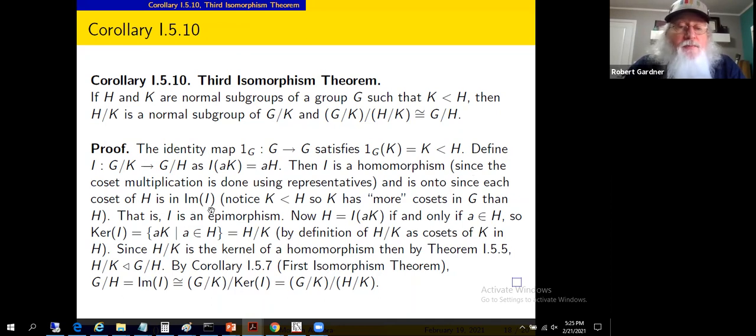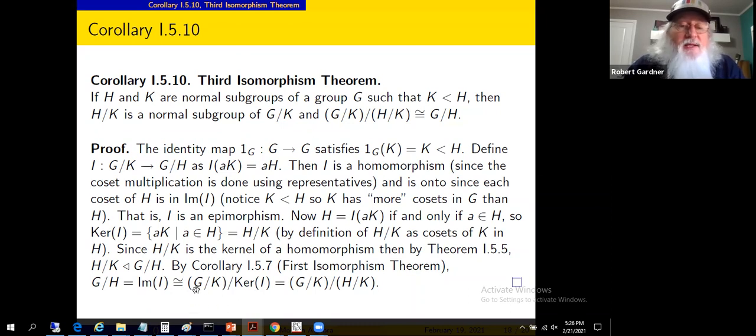Onto image of I includes all of G mod H. We've established that I is an onto mapping up here. So G mod H is the image of I. We know the image of a homomorphism is isomorphic to the quotient group mod the kernel of that homomorphism.